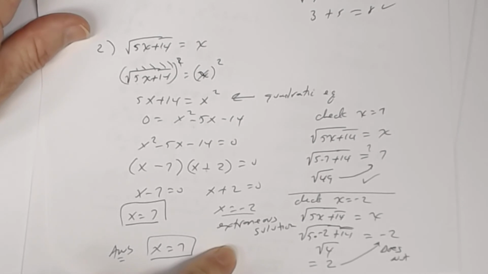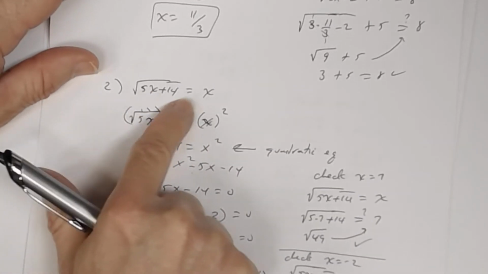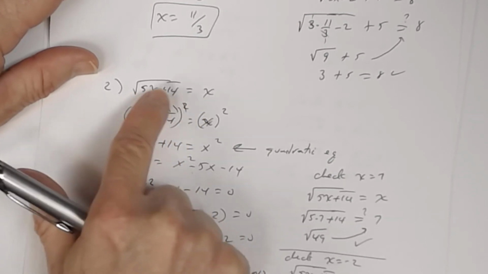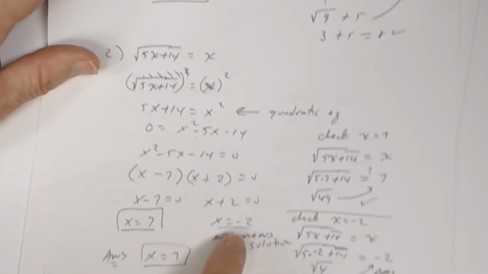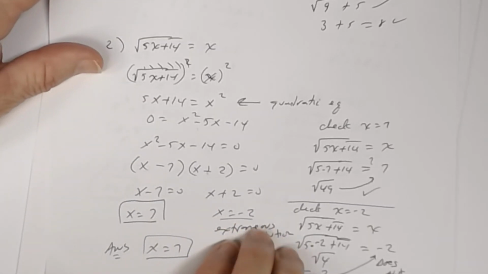That is not true. Sometimes, depending on what your square root equation looks like, the negative will be a solution. So at this point in your study, don't always assume that negatives will always be extraneous. All right, so that's not a true statement.